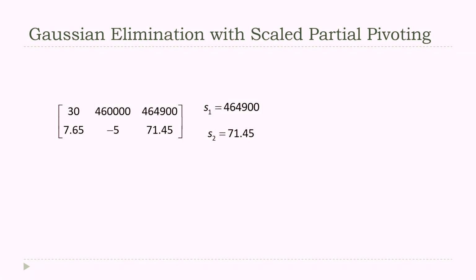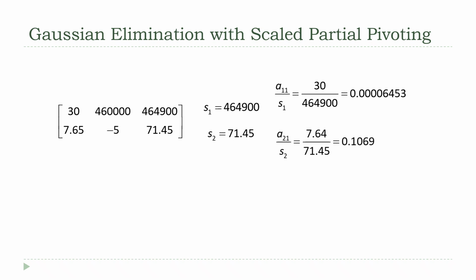Okay, so now I'm going to take the numbers in the first column, the column that I'm processing, and I'm going to divide each one by its scaling factor. So for the first row, that's 30 divided by 464,900, which gives me that really small decimal. And for the second row, I get 7.64 divided by 71.45, which is a bigger decimal. So now to make my decision whether or not I'm going to switch rows, instead of looking at the actual cell values, I'm going to look at these scaled values.